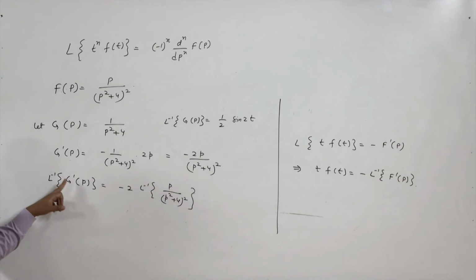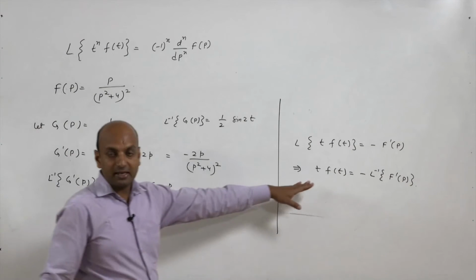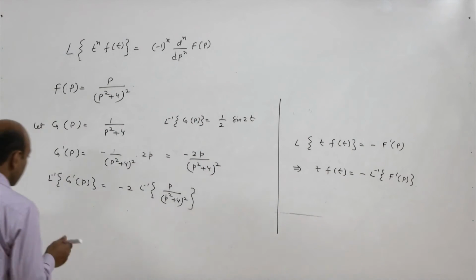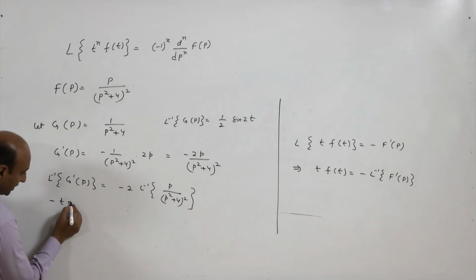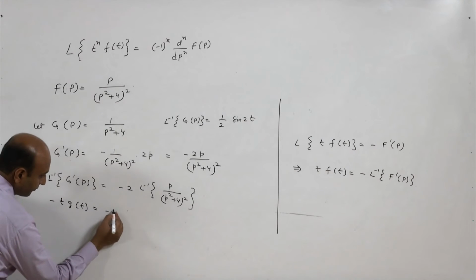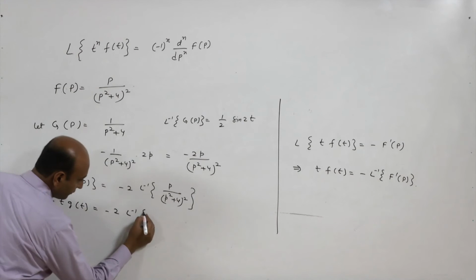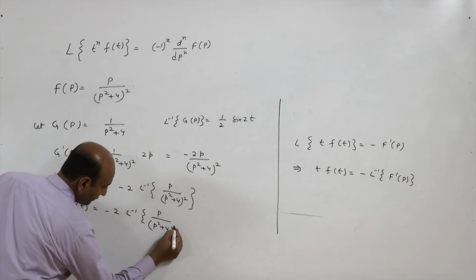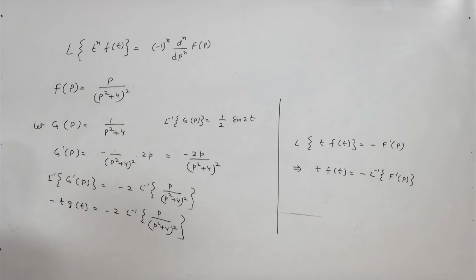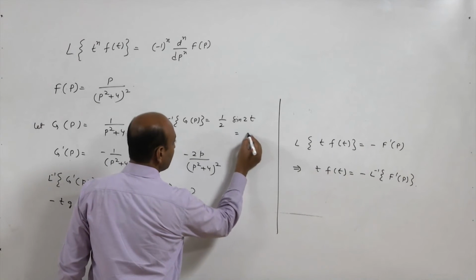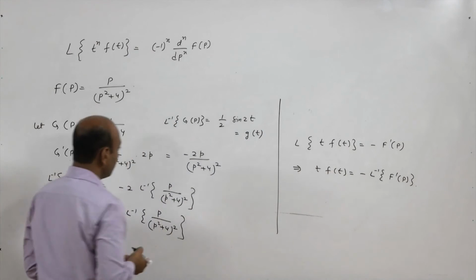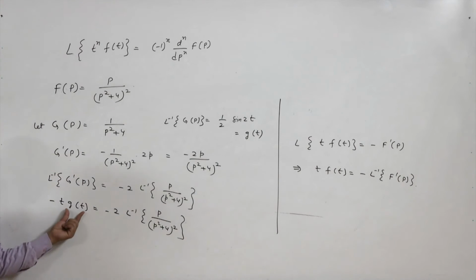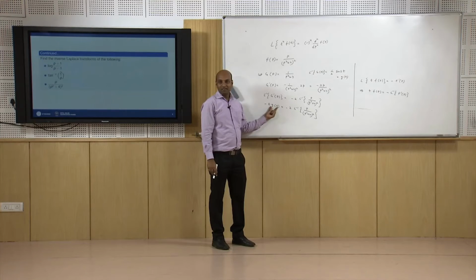Now, Laplace inverse of g dash p using this property is nothing but negative of t g(t), where g(t) is the Laplace inverse of G(p).